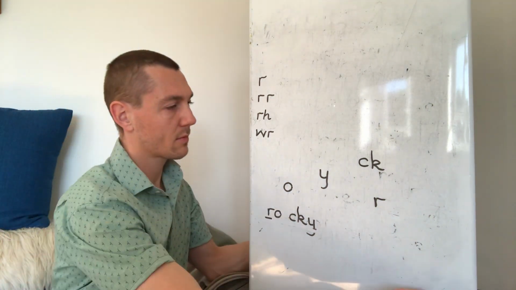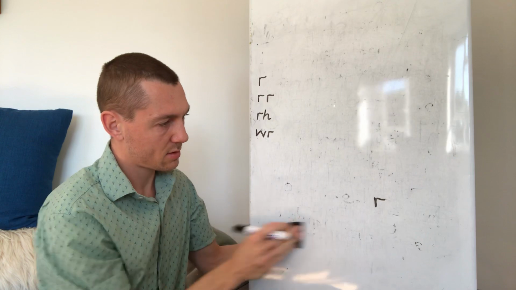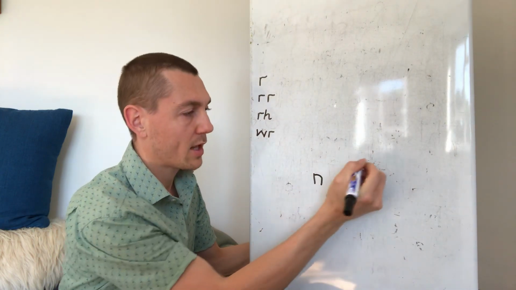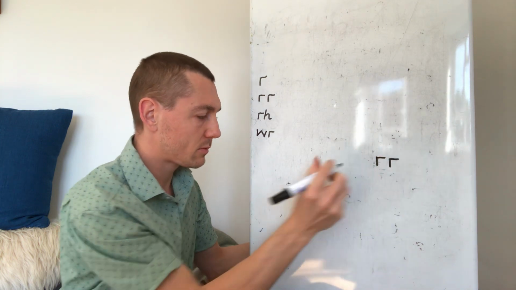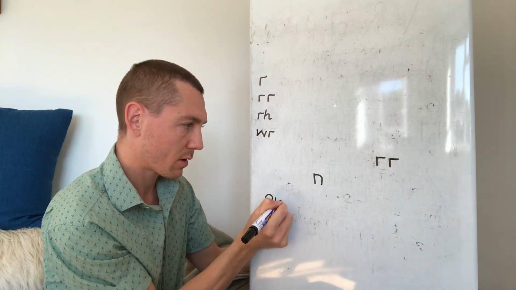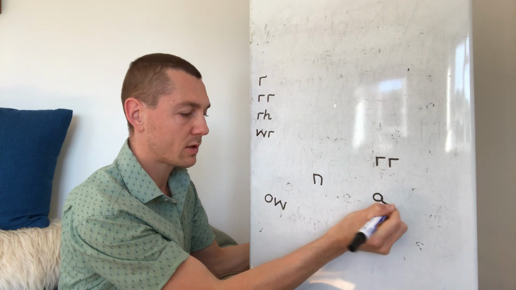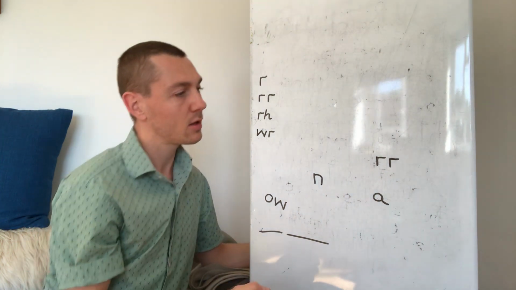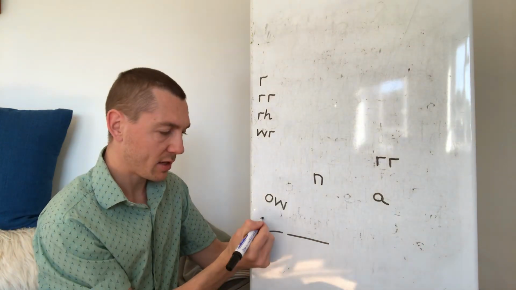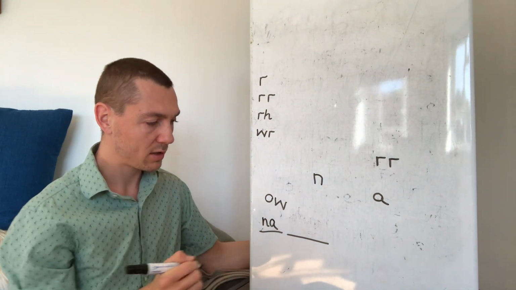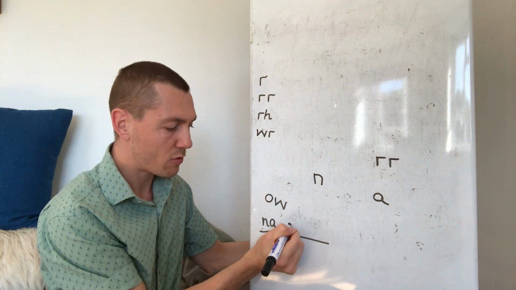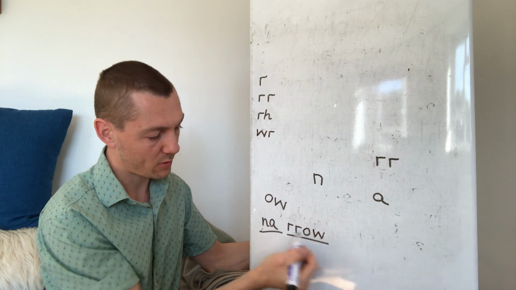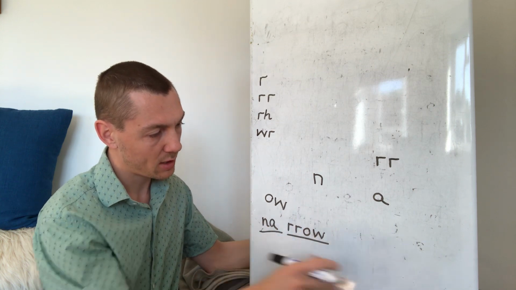Okay. The next word is narrow. Two syllables, narrow. And we say n, a, na, r, o, ro, narrow.